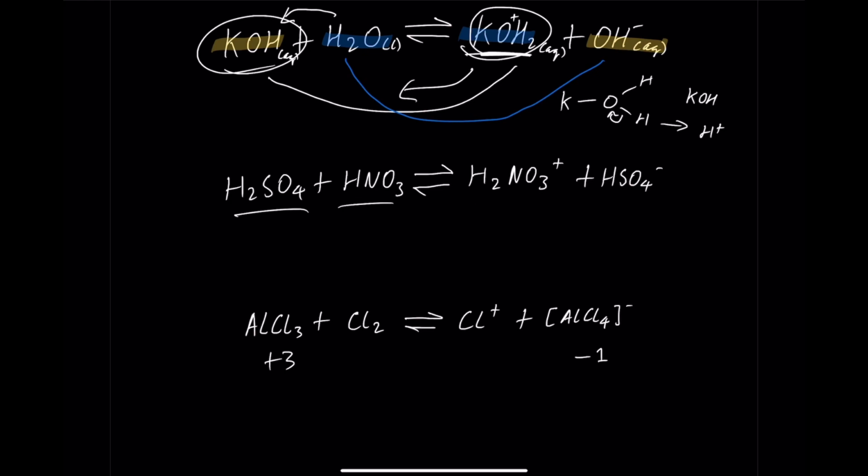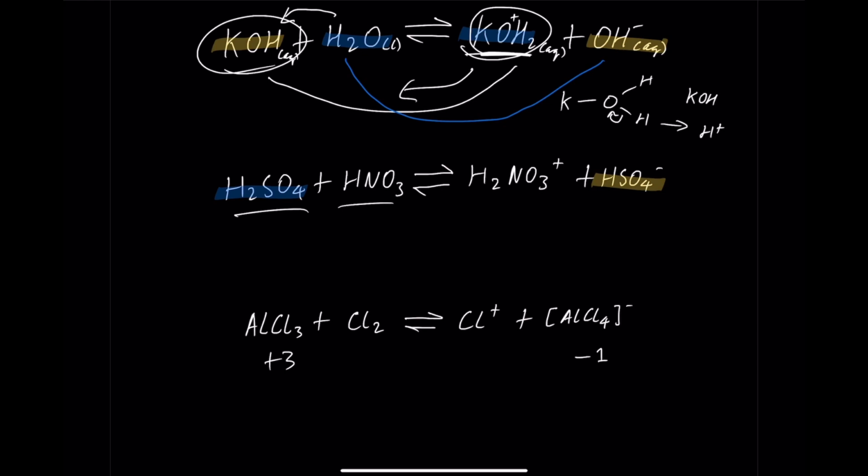So here, the H2SO4 is losing a proton and forming HSO4 minus. Therefore, the H2SO4 is the one in this case acting as our acid, and HSO4 minus would be acting as our conjugate base.